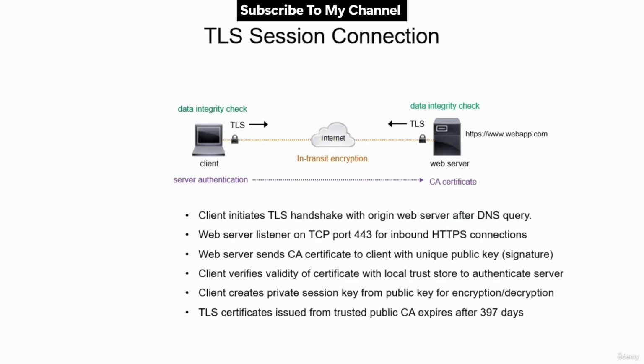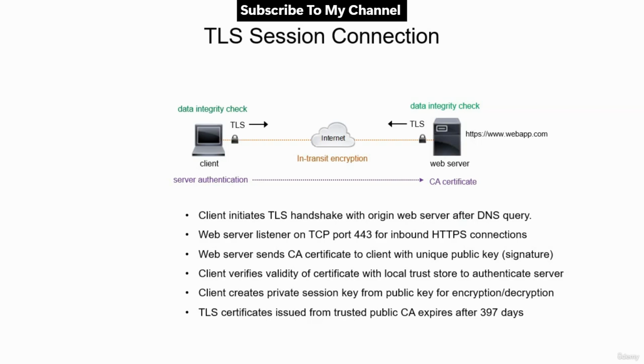Looking a little closer at the TLS session connection, like I said, there are three main services: in-transit encryption, server authentication by the client, and data integrity check in both directions, actually. The client initiates the TLS handshake with an origin web server after the DNS query has been done and the TCP handshake has happened as well.